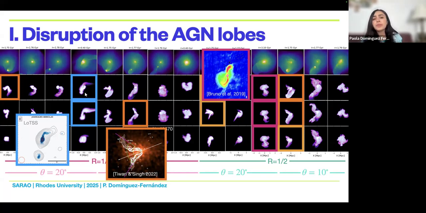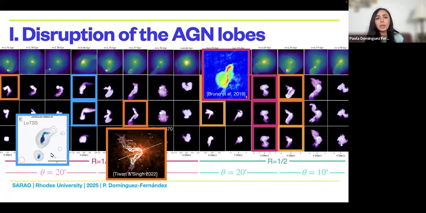We also observed things that look like the source that I found in the LoTSS survey, where you have basically a tail that has been disrupted, and it's kind of wobbling.